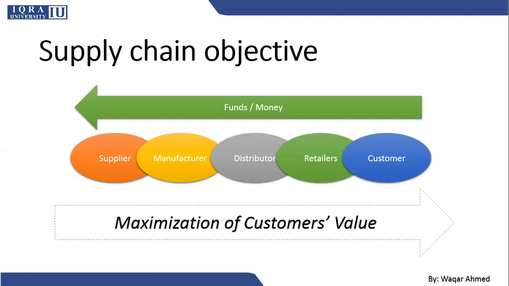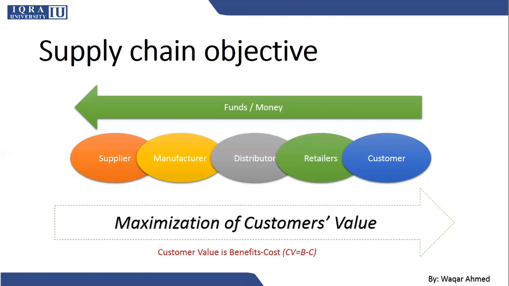Here the question comes: as a supply chain professional, how do we provide maximum value to our customer? How do we provide value to the customer in the best way? The answer is we have to plan and execute the supply chain rightly.